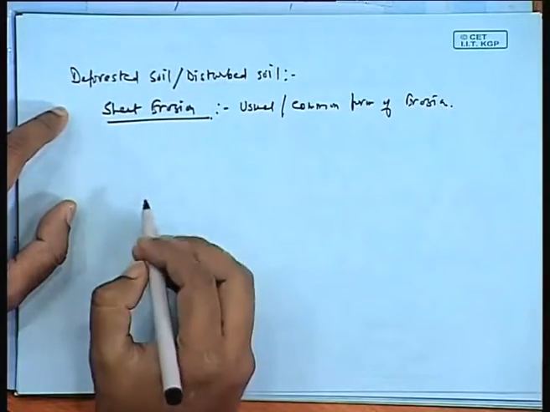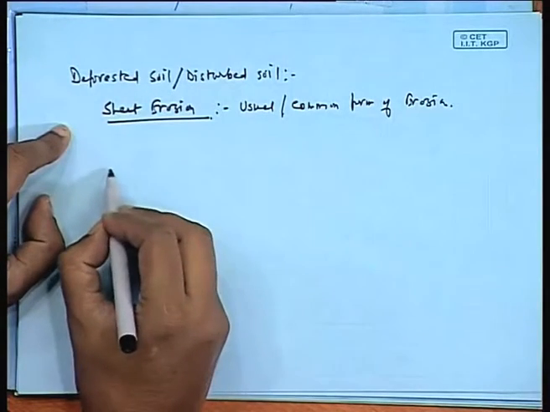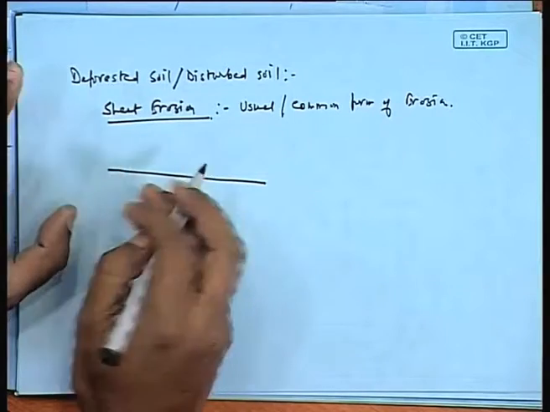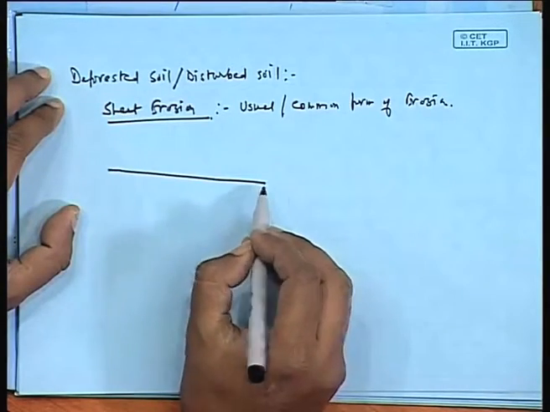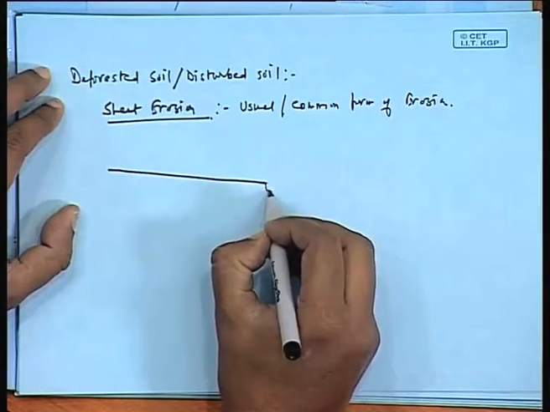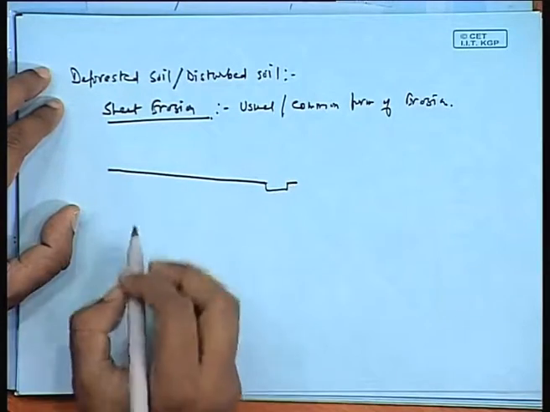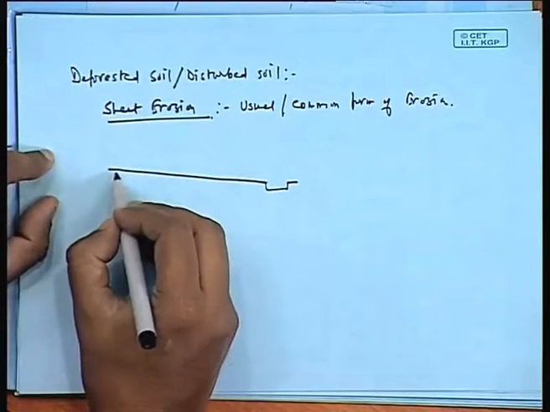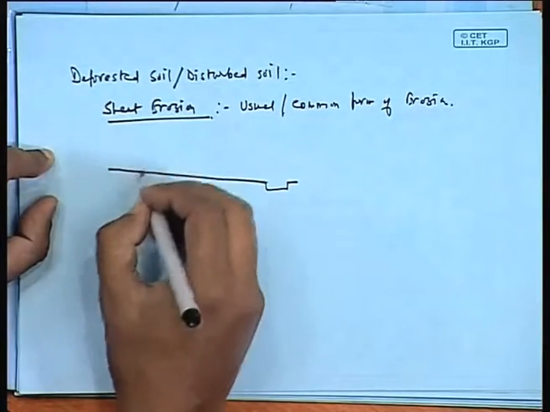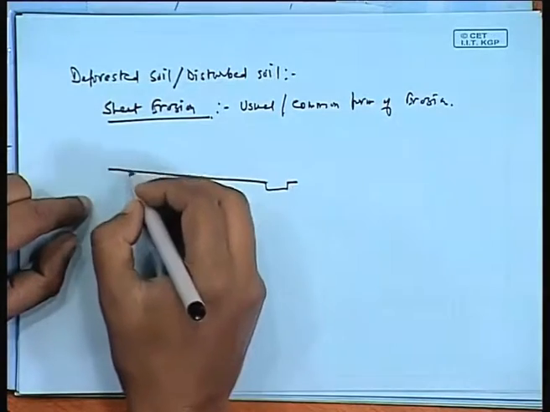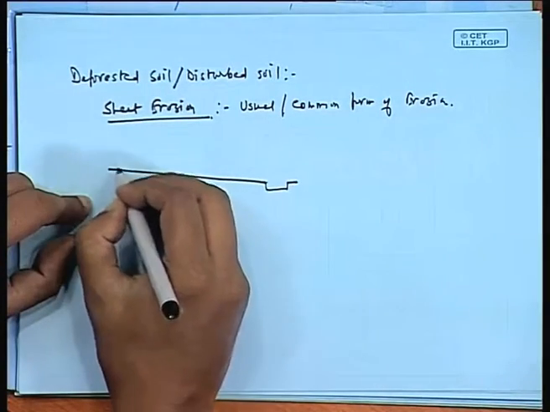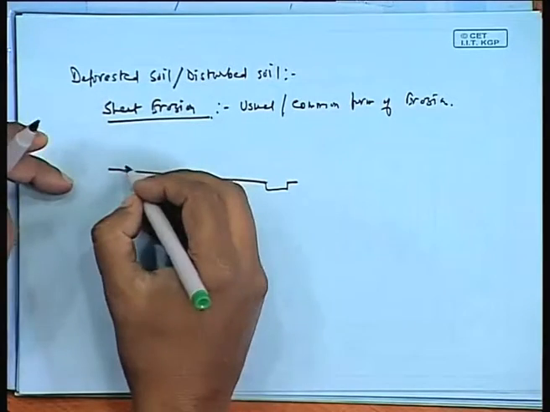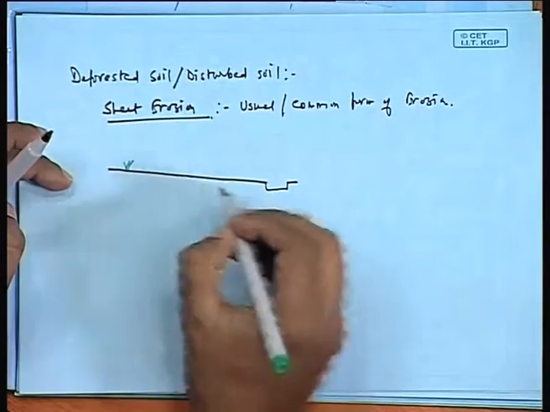It happens like this. Think of a slightly inclined soil surface, or a soil surface having a drain like this. There is generally no vegetation on it, or very little vegetation.